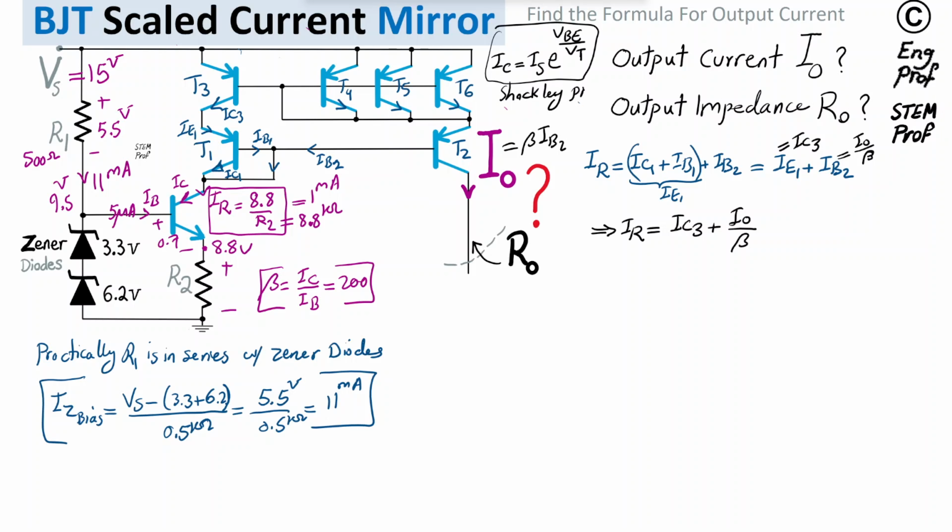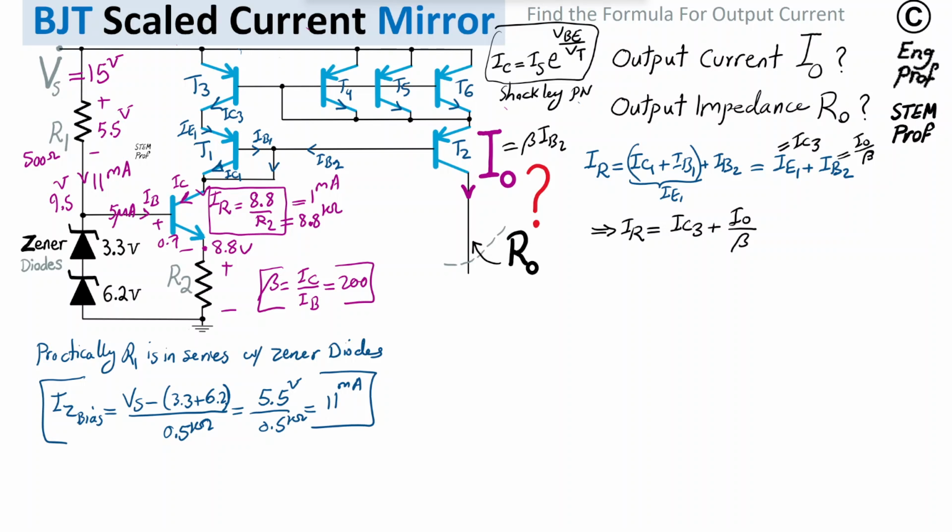And because of that, since we have the same emitter-base voltage for these four transistors, and since they are in the same package, they benefit from the same junction properties. They have roughly the same IS, which is very temperature dependent. So the collector current is equal for these transistors. Let me write it here.